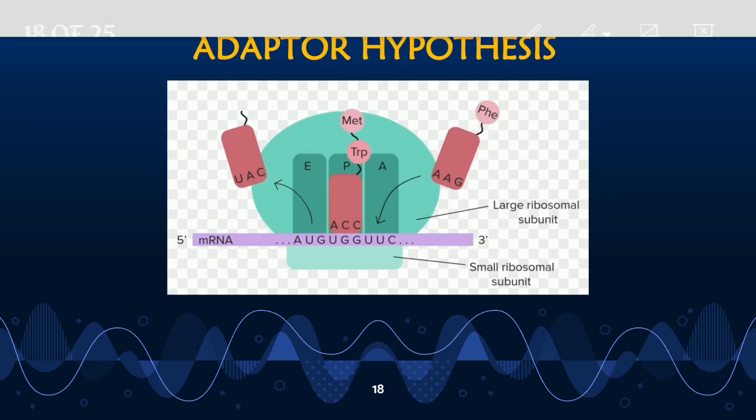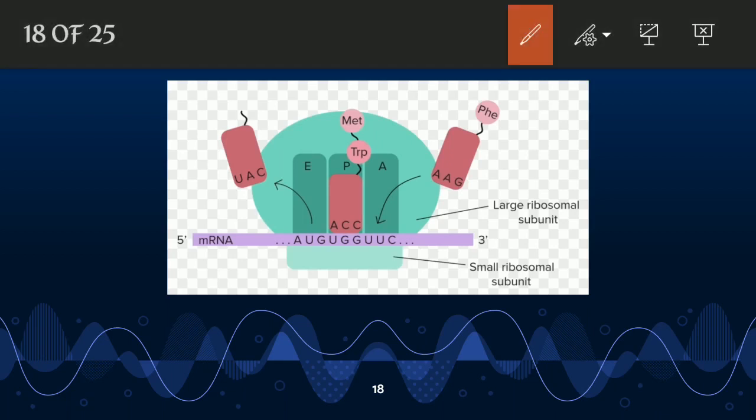Now, in this diagram, we see that the tRNA brings amino acid to the mRNA and brings it to the ribosome at the A site. It links its amino acid at the P site and exits at the E site. So the definition of an adapter is a device for connecting pieces of equipment that cannot be connected directly.